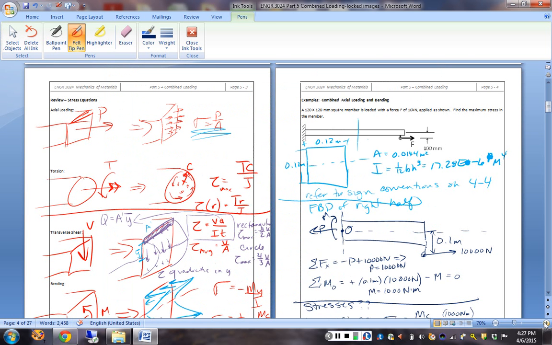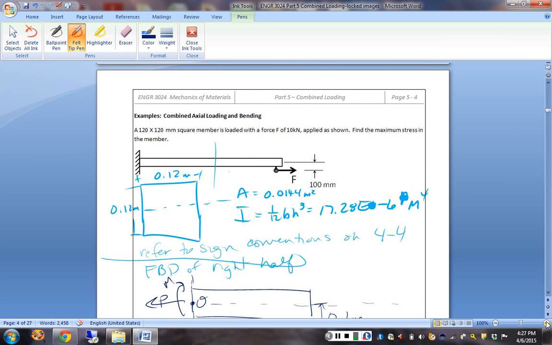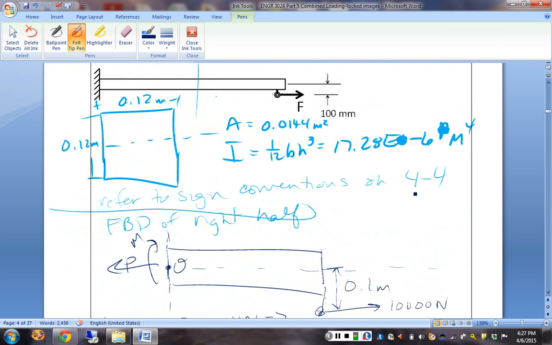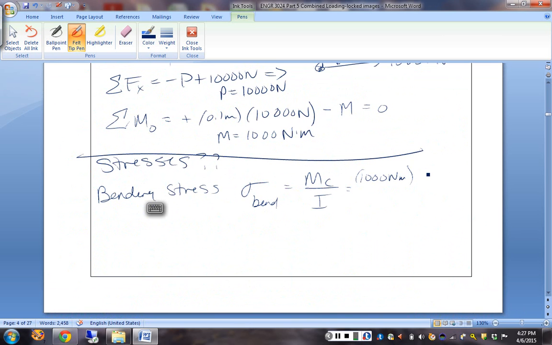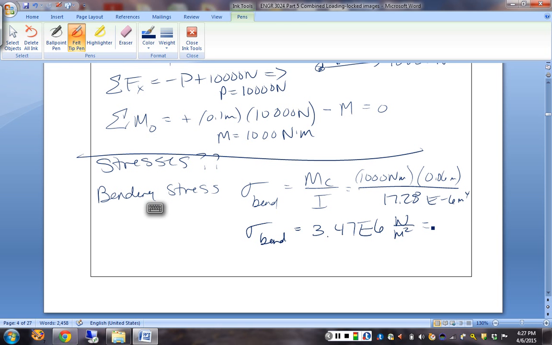Whoops, that was too much zoom. So yeah, the side is 0.12 meters, so therefore my distance to neutral axis has to be 0.06. And moment of inertia was that number that we did up there, times 10 to the minus 6 meters to the fourth. So our bending stress is 3.47 E6 Newton per meter squared, otherwise known as 3.47 megapascal.